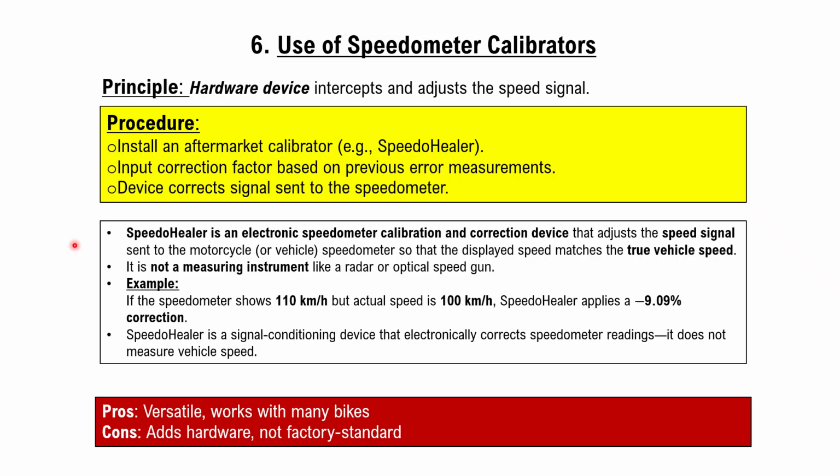Here, there is some more explanation regarding Speedo Healer. It is an electronic speedometer calibration and correction device that adjusts the speed signal sent to the motorcycle or vehicle speedometer so that the display speed matches the true vehicle speed.